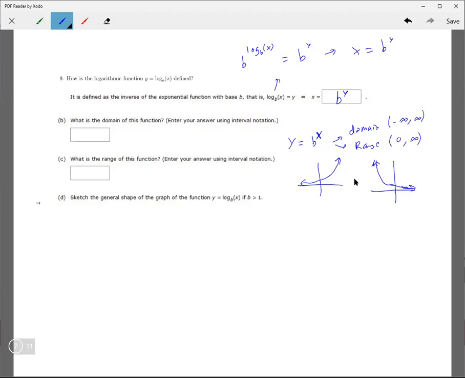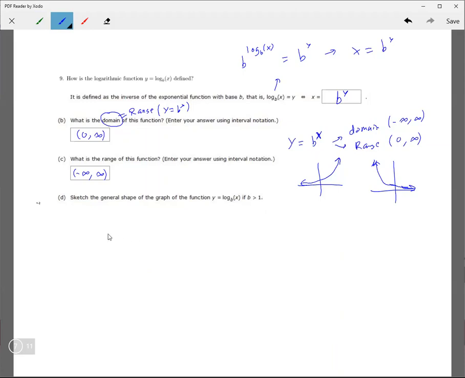Okay, so because the logarithm is the inverse, these swap. So the domain is going to be the range of y equals b to the x, which is 0 to infinity. And the range will be the domain, which is negative infinity to infinity.